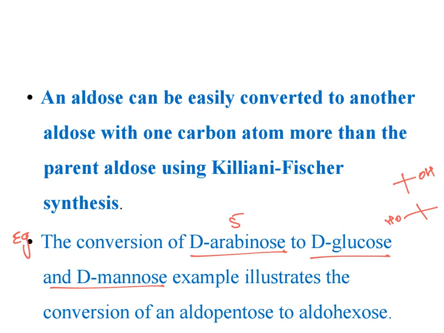So as a result we get two compounds. I am taking D-arabinose, which is converted into the 6-member carbon chain length carbohydrates D-glucose and D-mannose. Let's see how we can do this synthesis.